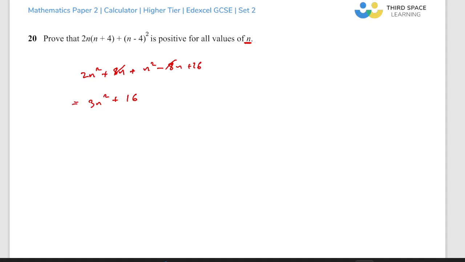So any value for n will be squared, so will be positive.